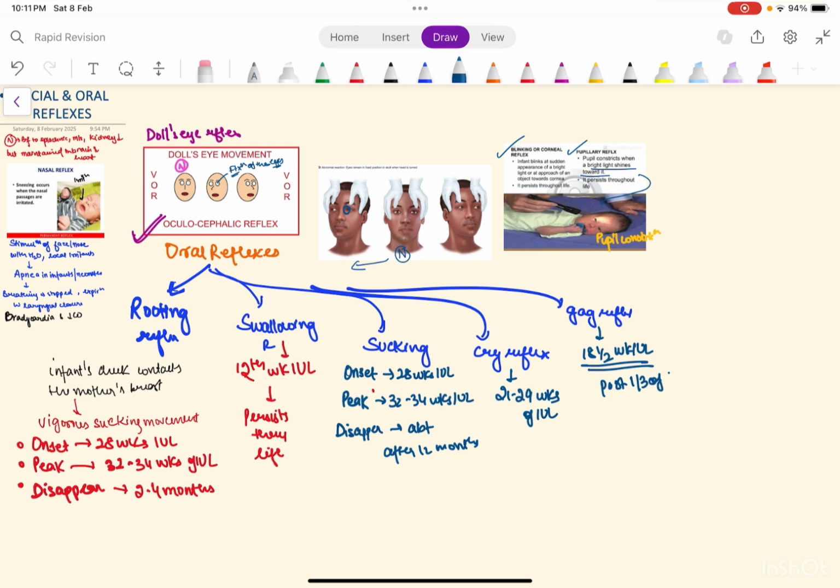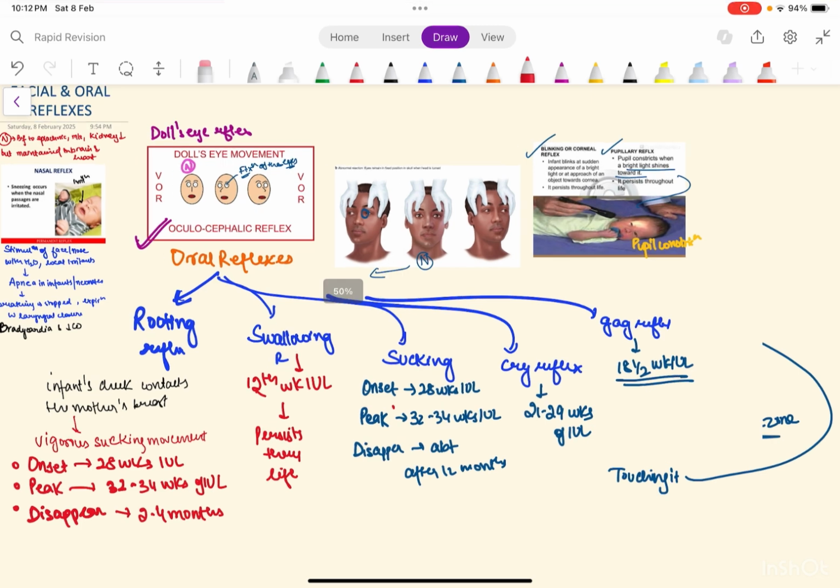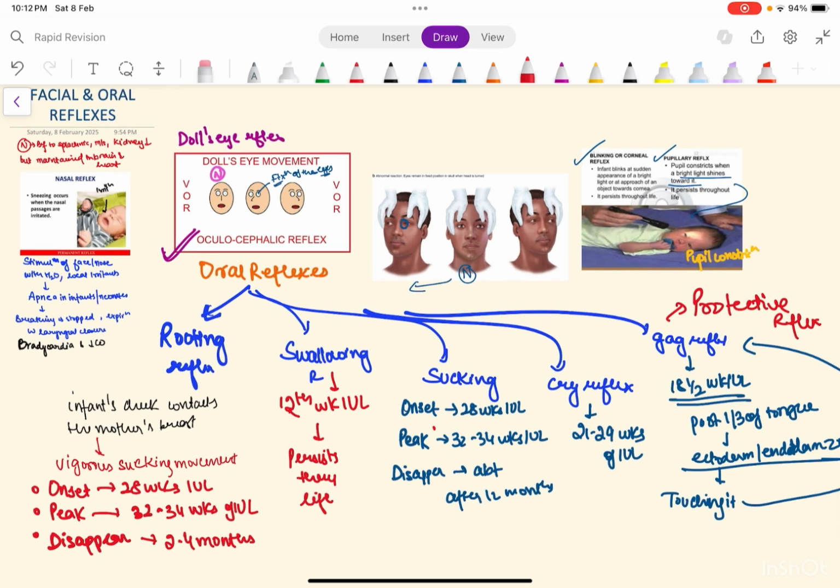Basically, the posterior one-third of the tongue is the sensitive zone. Touching it induces the gag reflex, and the gag reflex is a type of protective reflex.